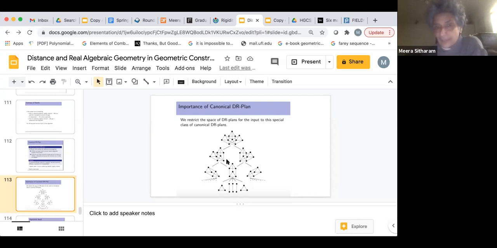But the canonical DR plan says, in that case, if the intersection is non-trivial, you just take 2, any 2, doesn't matter. So we have taken this one and that one, and they intersect on the entire middle part. Then you split each of those into 2 of their maximal subgraphs, which also have non-trivial intersections.